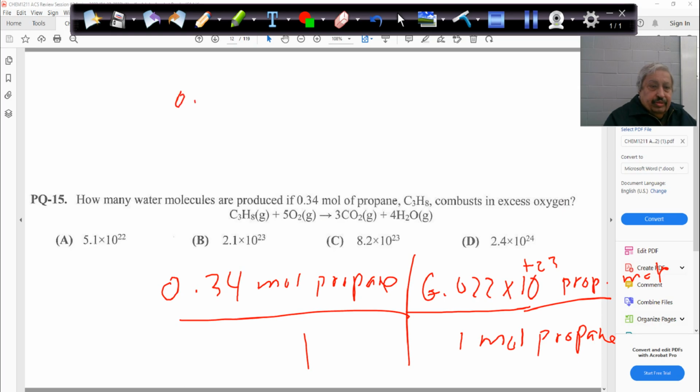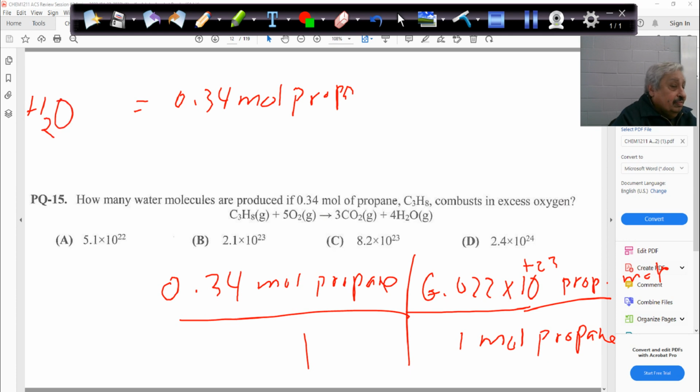They did 0.34 mole of propane, correct? They're asking for H2O, not propane. What we calculated is the propane amount, correct? Not H2O. Oh, I'm sorry, that's my mistake. They are looking for H2O molecules.